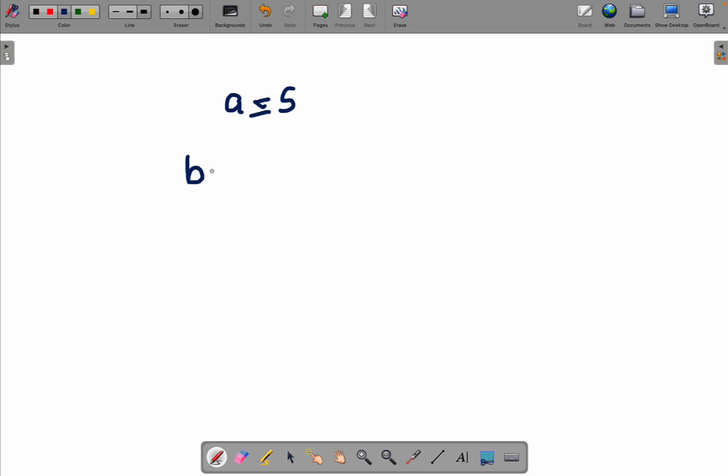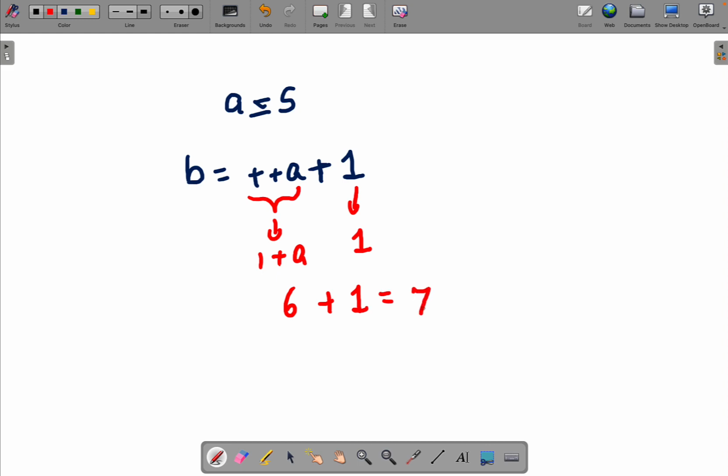If we write something like b equals plus plus a plus 1, first a will be converted to 1 plus a, that is 5 plus 1, 6, plus 1. So b will be equal to 7 and a will be equal to 6.